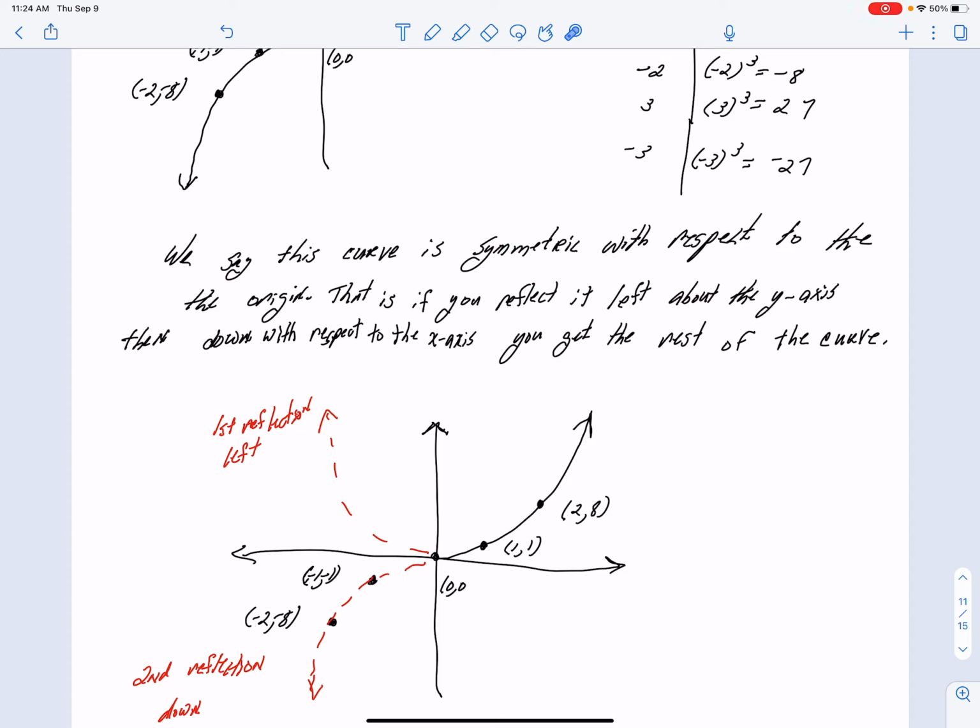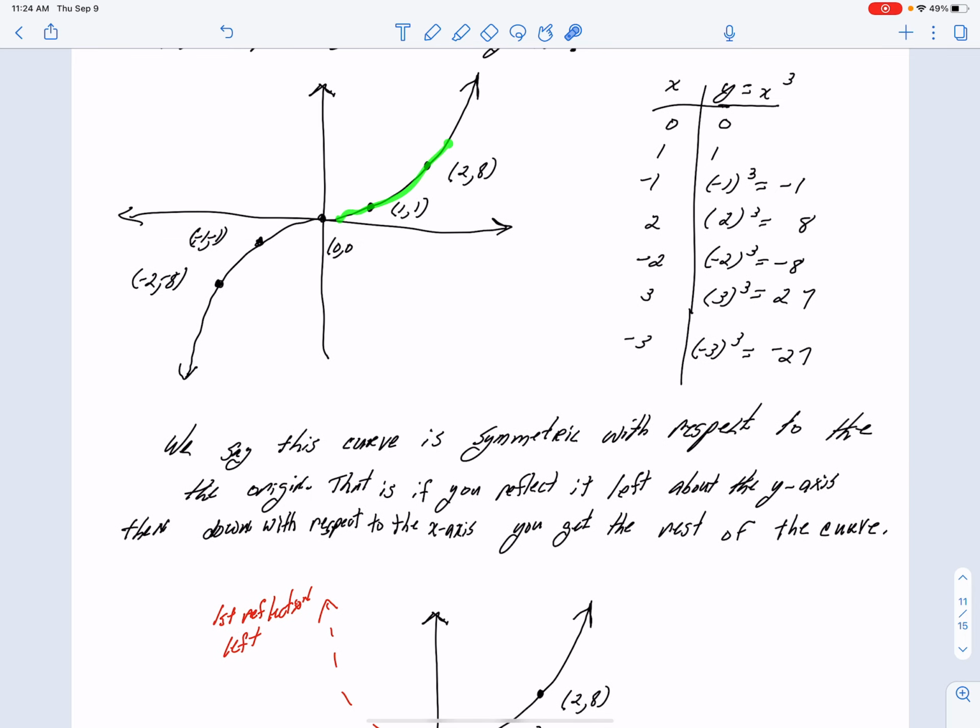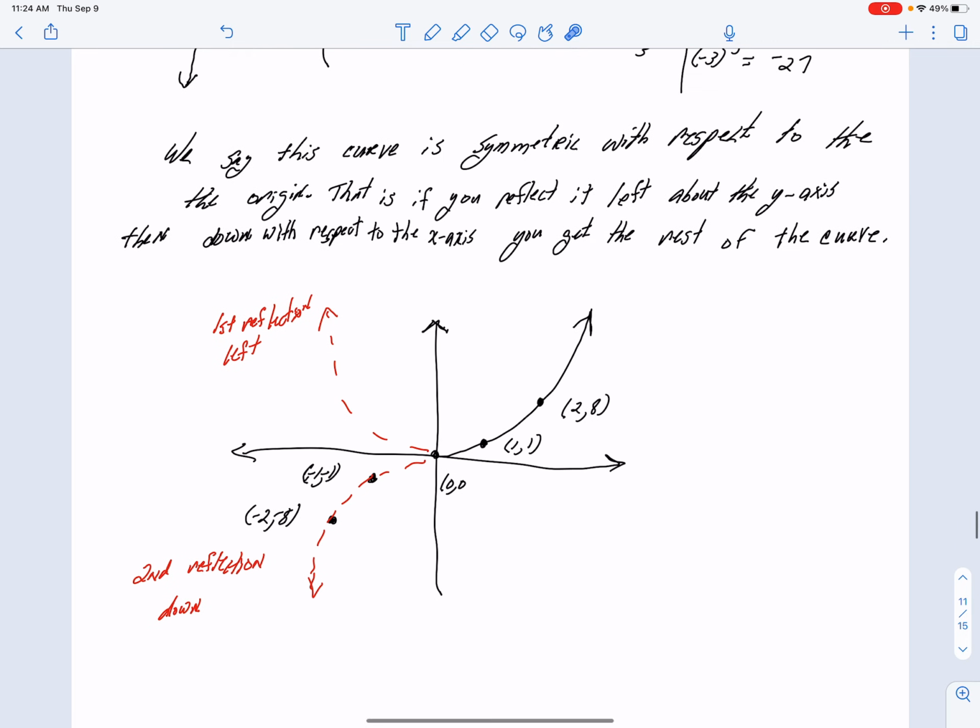Now, what does symmetric with respect to the origin mean? Well, essentially it means that if you take the right-hand part of the curve, and if you reflect it twice, once across the y-axis, and then again across the x-axis, where you end up is the other piece of the curve.